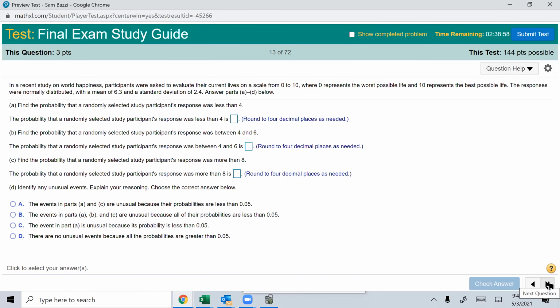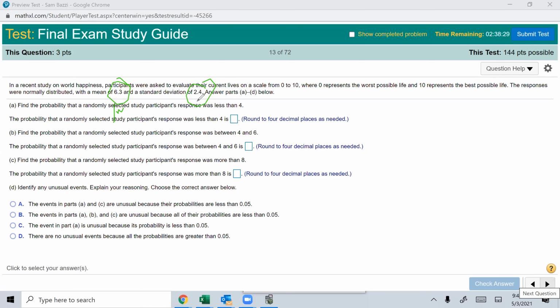In a recent study on world happiness, participants were asked to evaluate their current lives on a scale from 0 to 10, where 0 represents the worst possible life and 10 represents the best life. The responses were normally distributed with the mean, mu, of 6.3 and a standard deviation of 2.4.